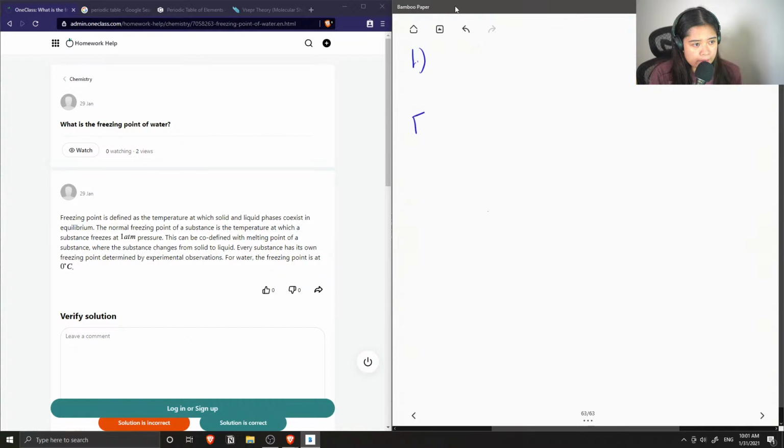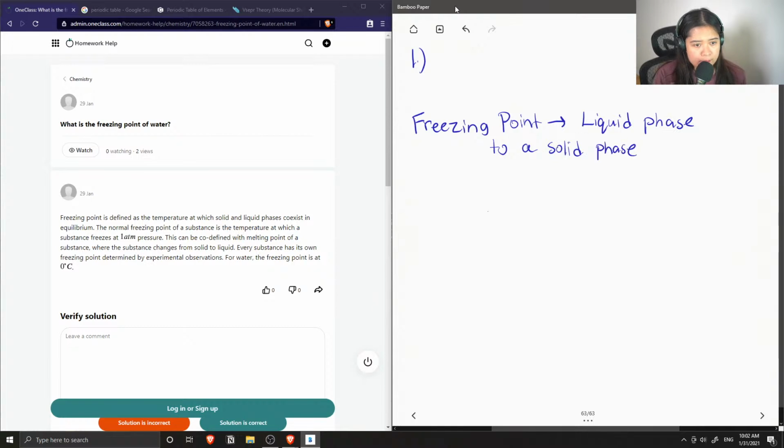Okay, so the freezing point of a substance is when it goes from its liquid phase to a solid phase, and it's at the freezing point where they can coexist in equilibrium.